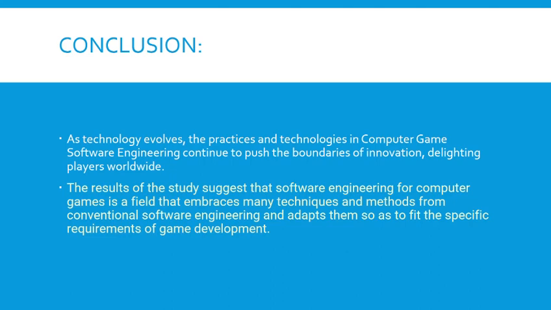So it gives a good experience to the user in technology and innovation. The results of the study suggest that software engineering for computer games is a field that embraces many techniques and methods from conventional software engineering and adapts them to fit the specific requirements of game development.